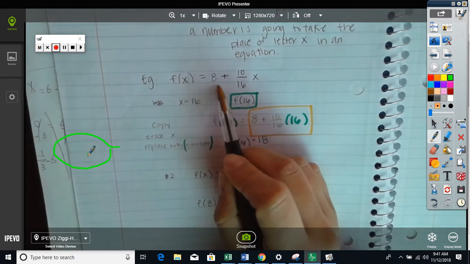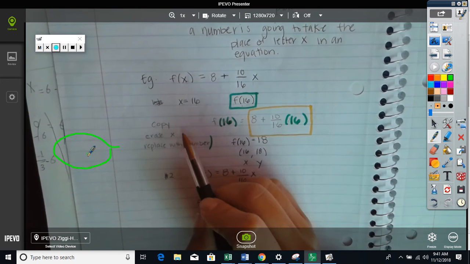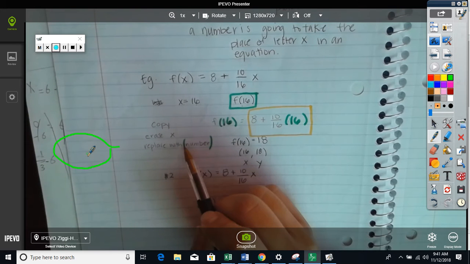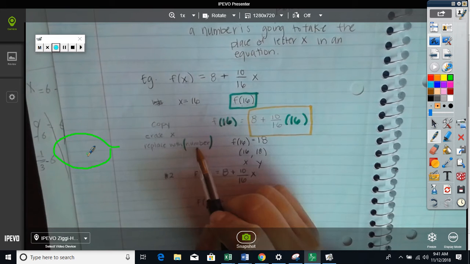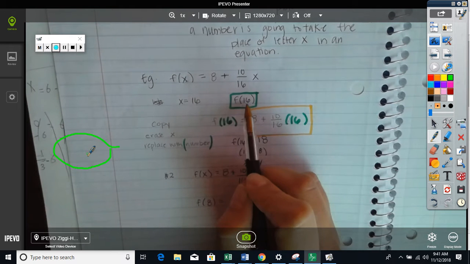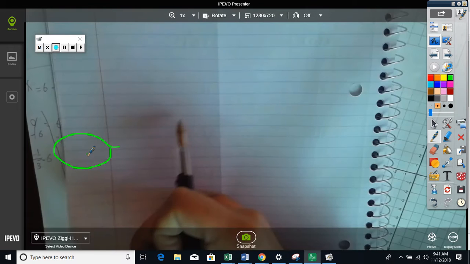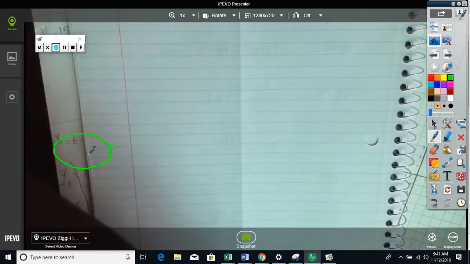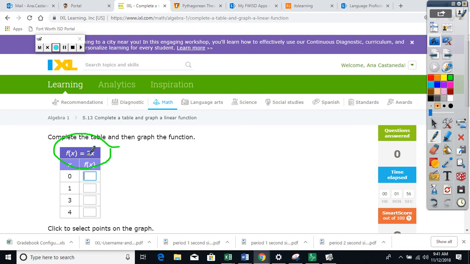So what I did was I copied the equation, I erased the x, and then I replaced it with the number that's here in the parentheses.